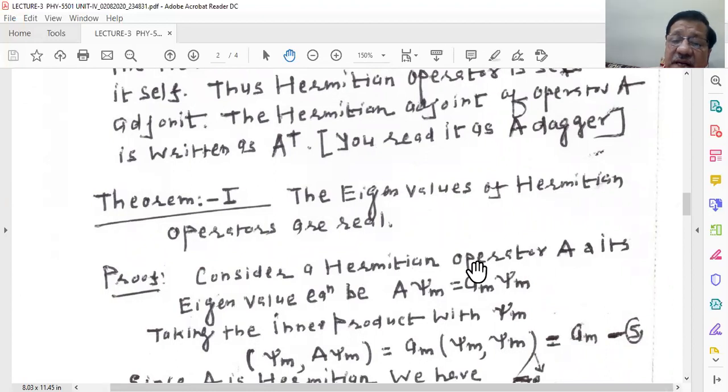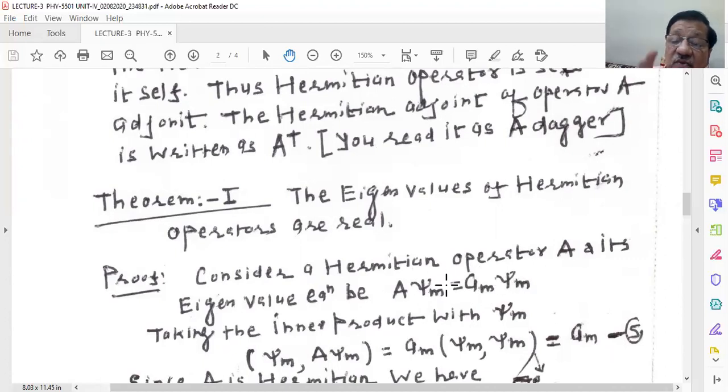A operating on the eigenfunction psi m gives you some constant a m times psi m.